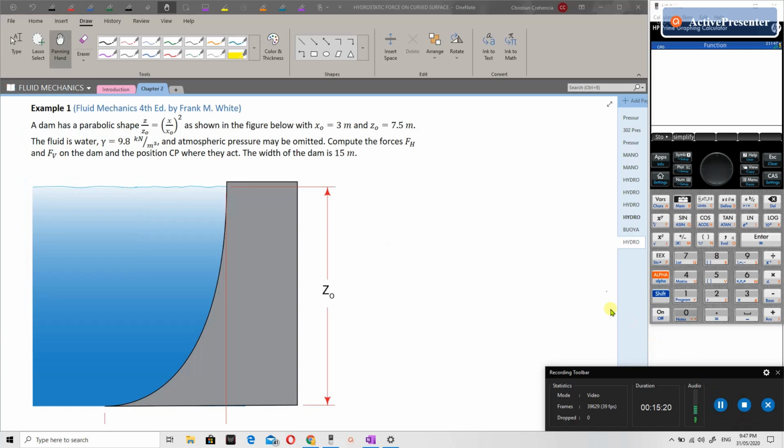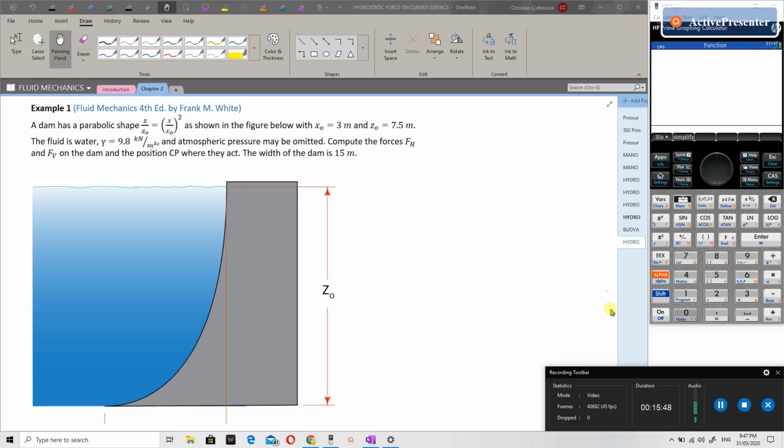So in this example, I got this from Fluid Mechanics, 4th edition by Frank M. White. A dam has a parabolic shape with an equation of z over z sub o is equal to x over x sub o squared. So parabolic, so quadratic, as shown in the figure below.